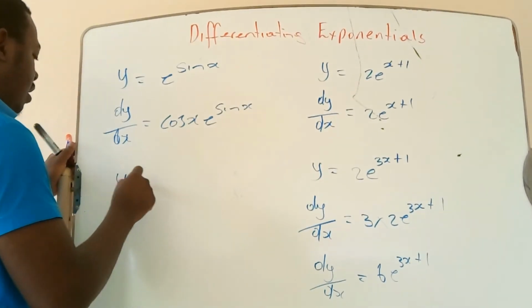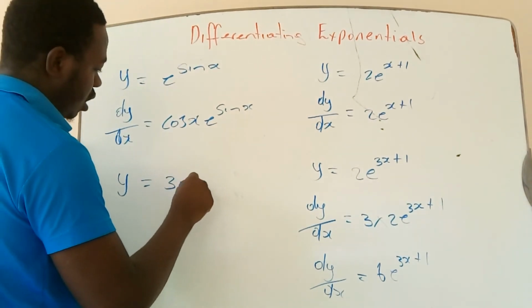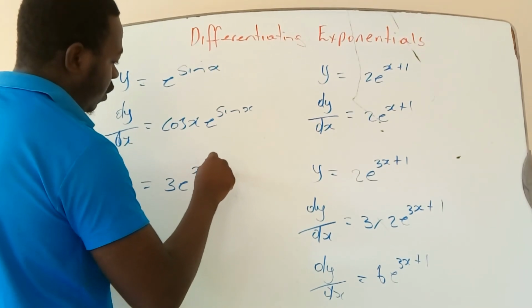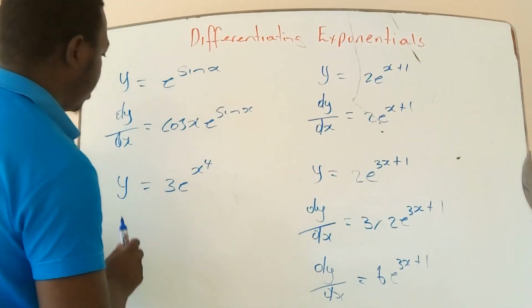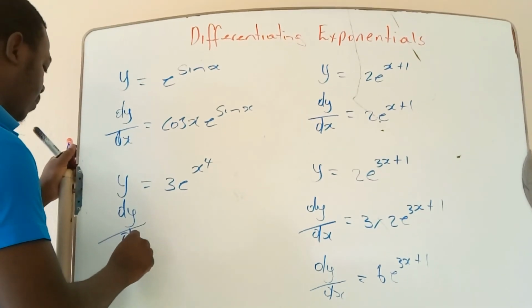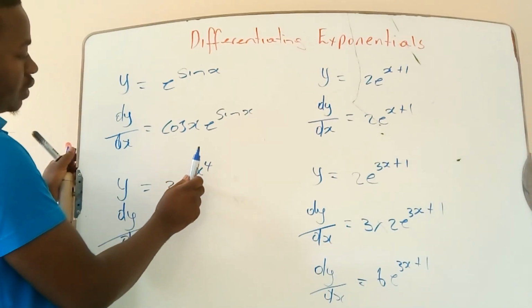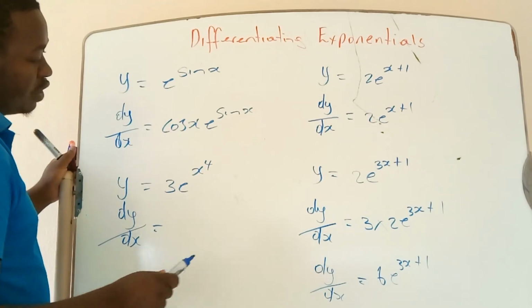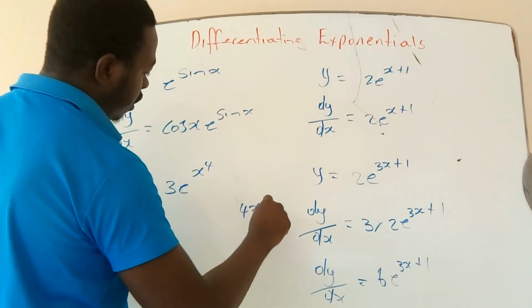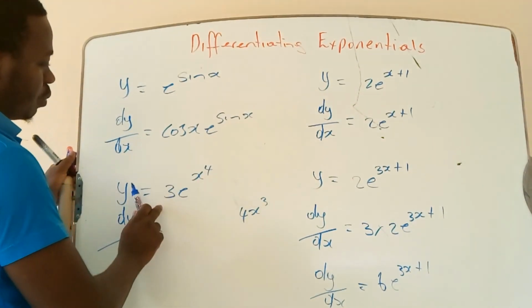Let's say I have y is equal to 3e to the x to the fourth, right? And you are asked to differentiate this. Then dy by dx is equal to, you differentiate the power, which is x to the fourth. If you differentiate x to the fourth, that will give you 4x to the third, right? So you're going to take 4x to the third to multiply all of this.